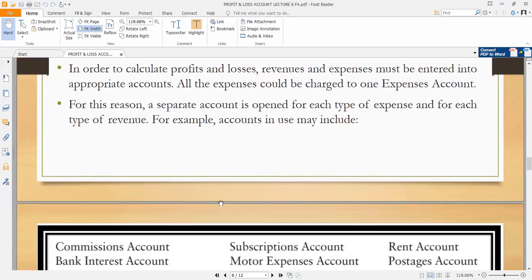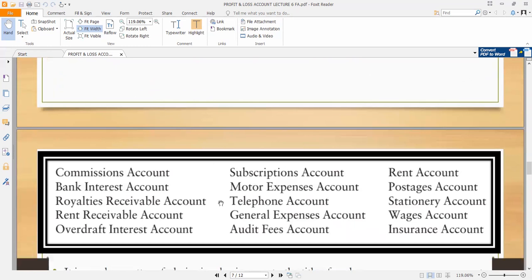Now let's look at this. So commissions account, this is one of the accounts. Now this is a subscription account. So we're talking about rent account. That's where you put details about rent, and other things that you pay.